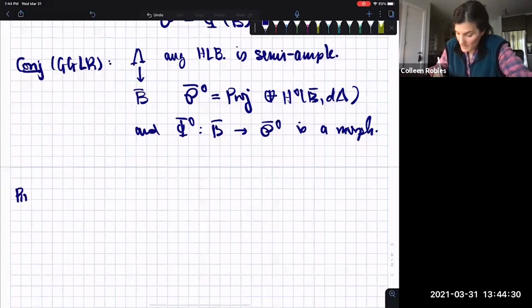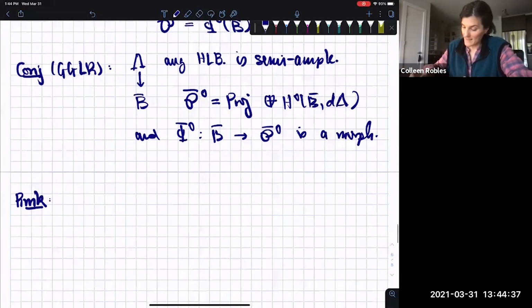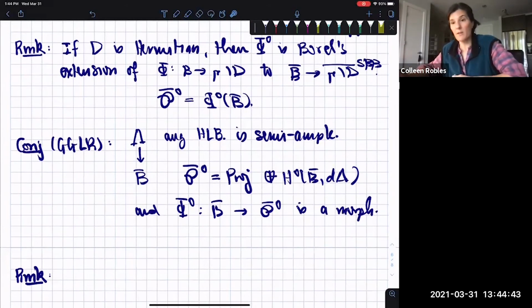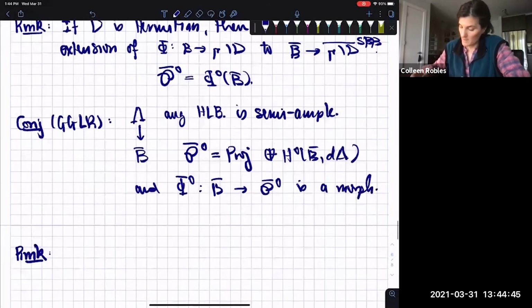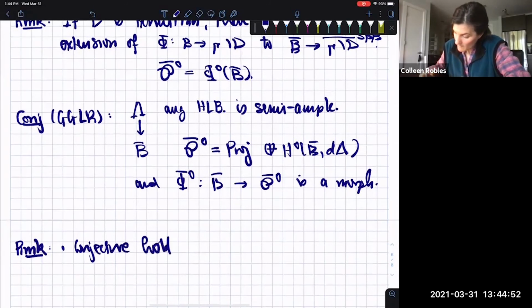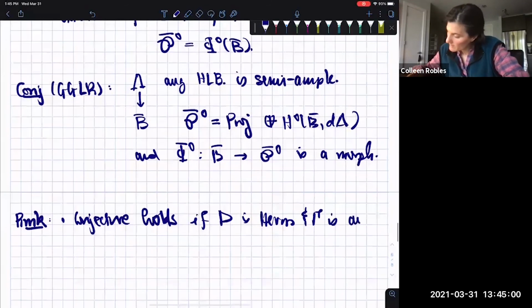Okay. So maybe just a couple of remarks. So the first is that, as already alluded to in this comment up here, the conjecture holds in the Hermitian case. So the conjecture holds if D is Hermitian and gamma is arithmetic.